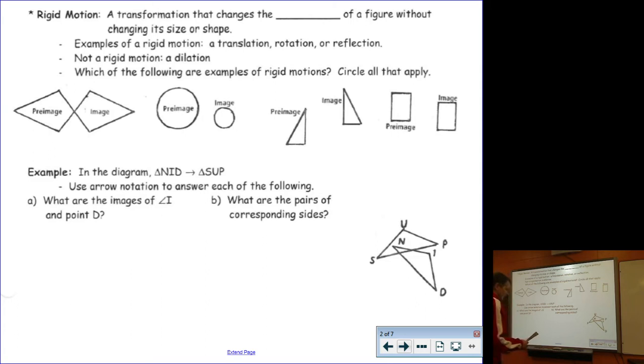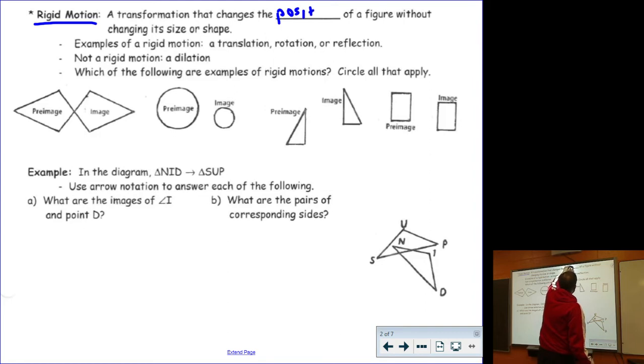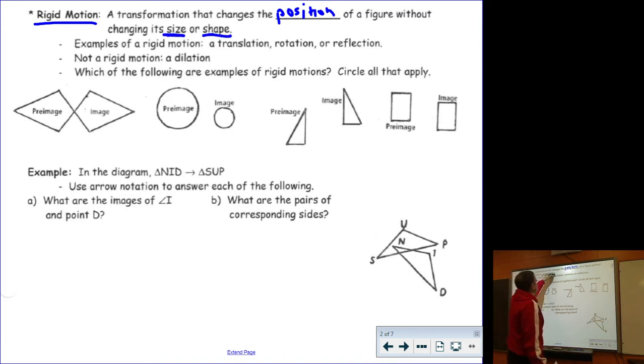All right, so the next vocabulary word is this thing known as a rigid motion. A rigid motion is a special type of transformation. It's a transformation that changes the position of a figure without changing its size or shape.